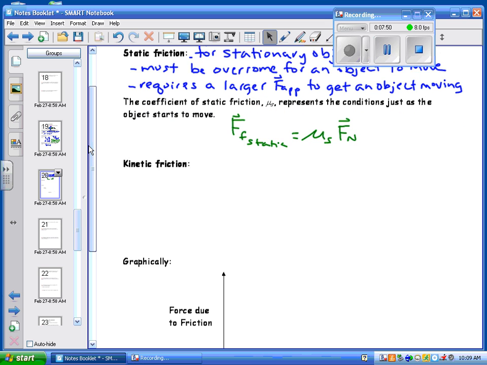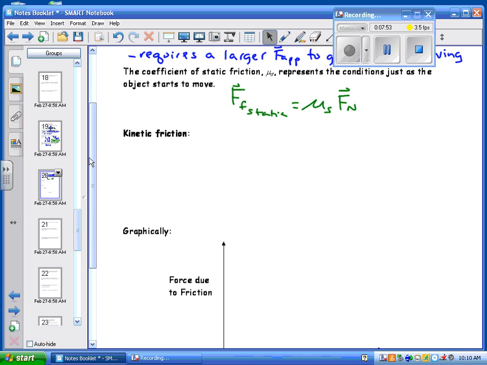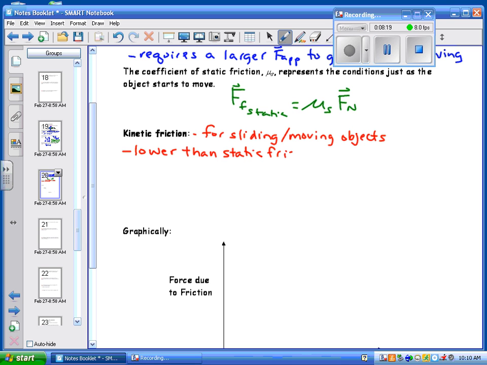The other type of friction is kinetic friction, and it's for sliding or moving objects. It's lower than static friction, since an object is easier to move once it's already moving.